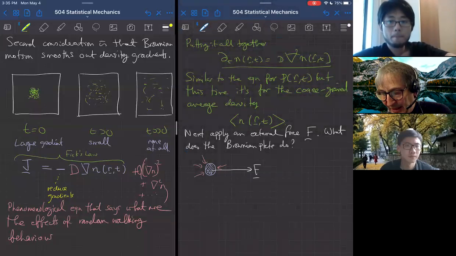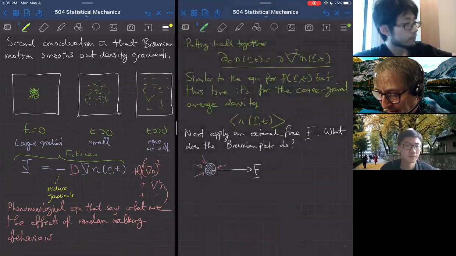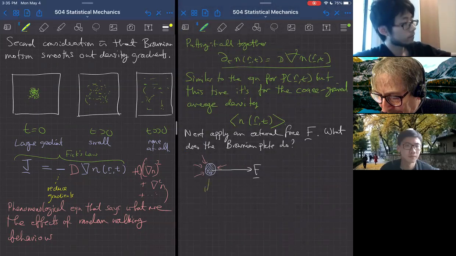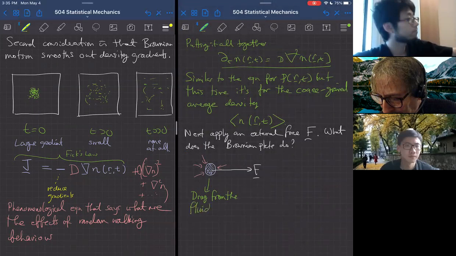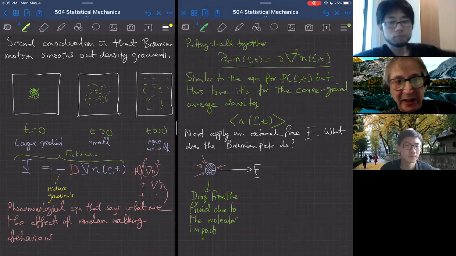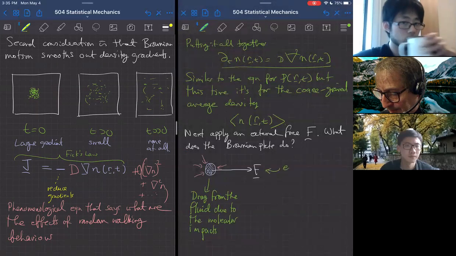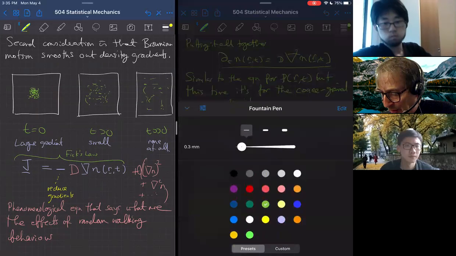So what's going to happen is the particle is going to experience the drag from the viscous medium, and that's ultimately due to the molecular impacts. And then it experiences the external force. So we can write down what the equation of motion is.